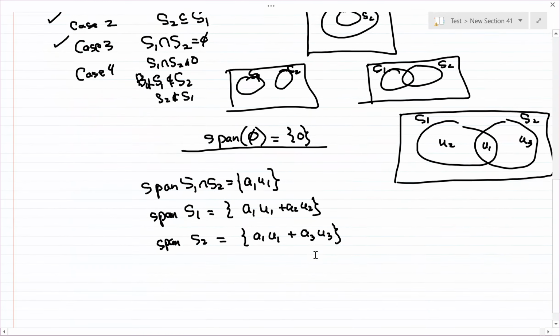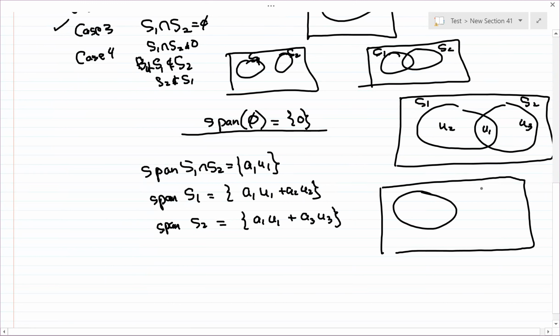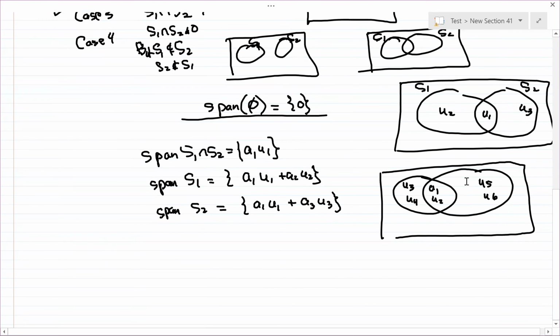Okay, so now, how would this change if there were more things in here? It wouldn't change very much. If the picture looks like this, suppose there are a couple things in here, like a U1 and a U2, I won't make it too wild. And suppose there's a U3 and a U4 here, and a U5 and a U6 here, doesn't matter. Okay, what would be in the intersection?